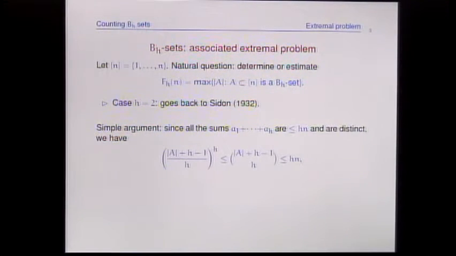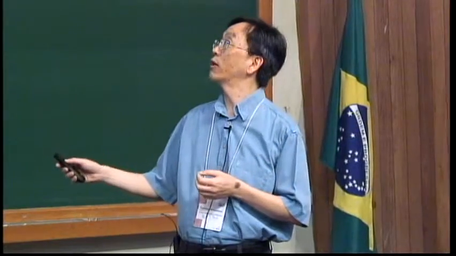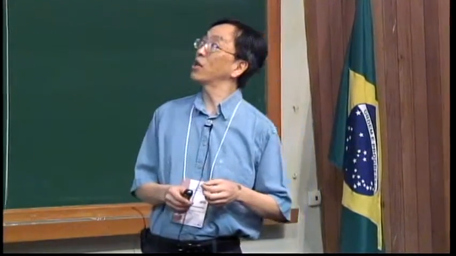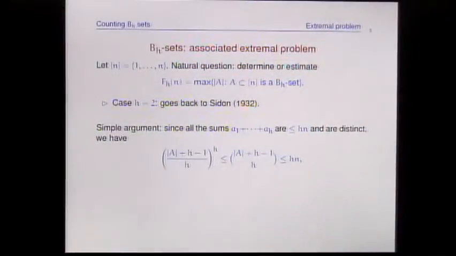So you can write this inequality here, the right-hand inequality. So size of A choose H is how many H sets you can choose. Since you allow repetition of the AIs, maybe you have to add this H minus 1. But basically, this is size of A choose H. All these sums have to be different, and they all live in the first Hn positive integers, so you have this inequality on the right.